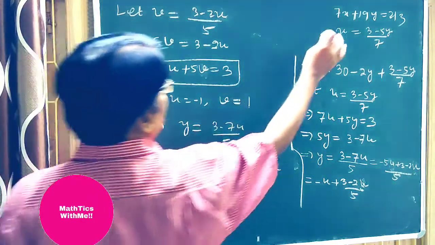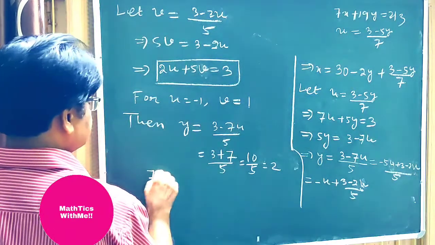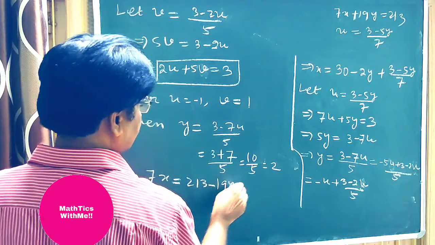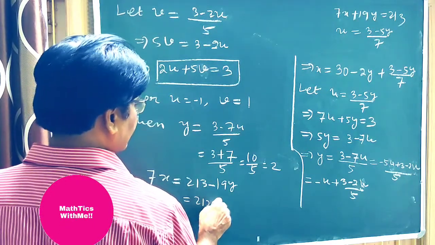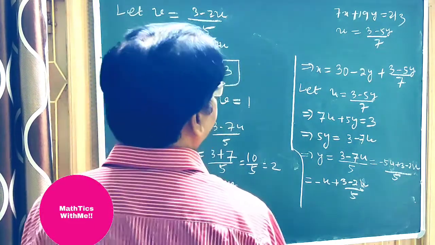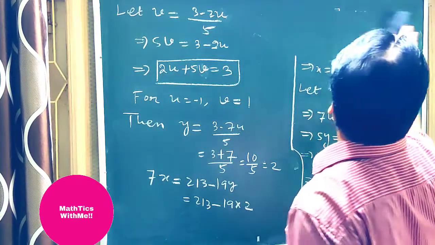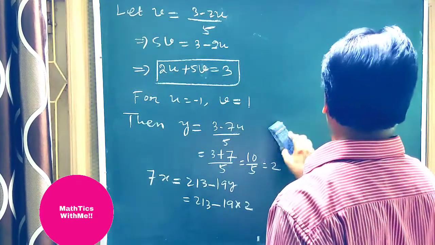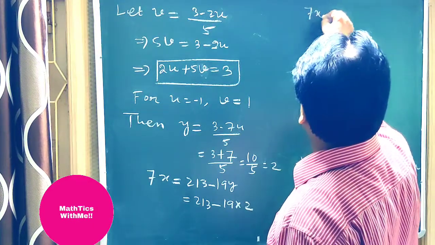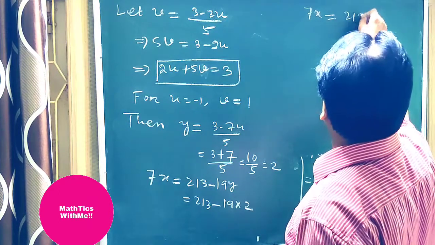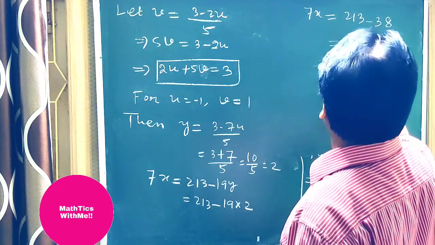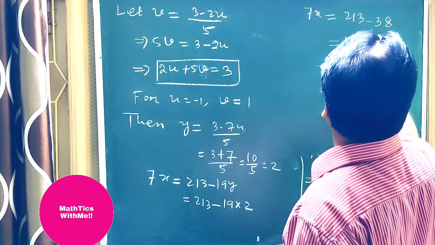Then from the given equation, 7x is equal to 213 minus 19y. So 213 minus 19 into 2 gives us 7x is equal to 213 minus 38, which is 175.